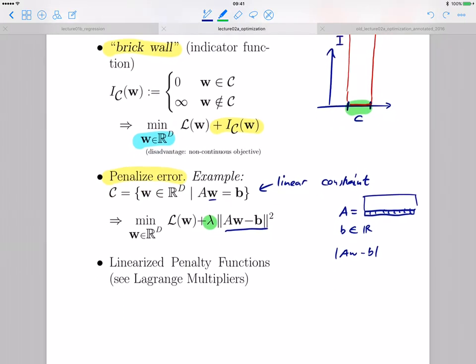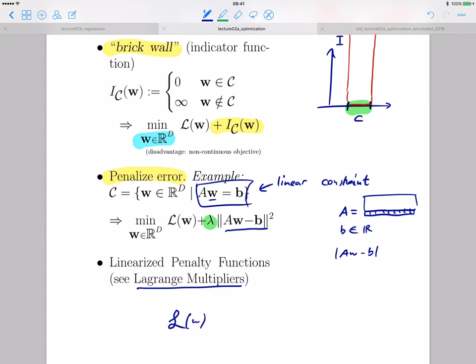And there is a whole other theory which is called the theory of Lagrange multipliers, and that's also something alternative you can do. And it's in the same setting as we had before. When you have these linear constraints, then there is a trick you can do.